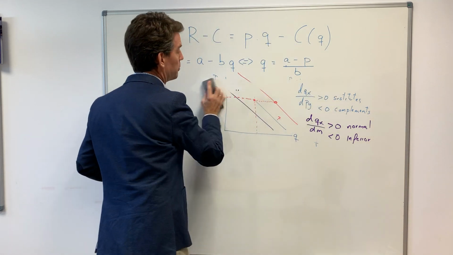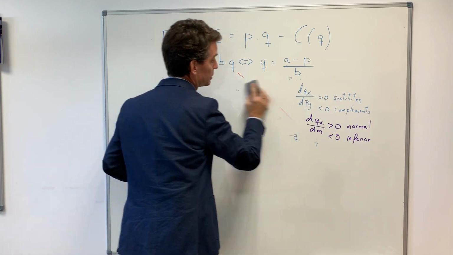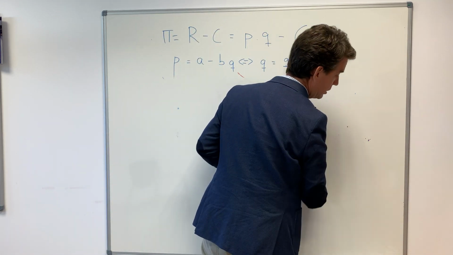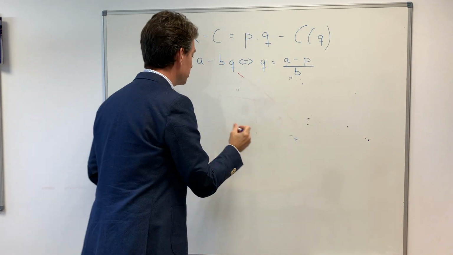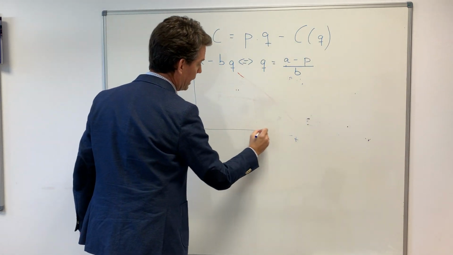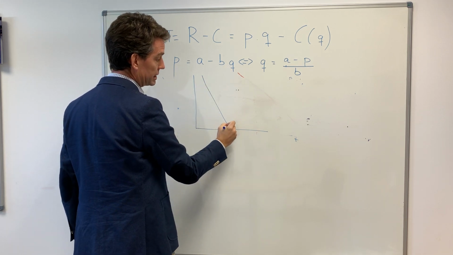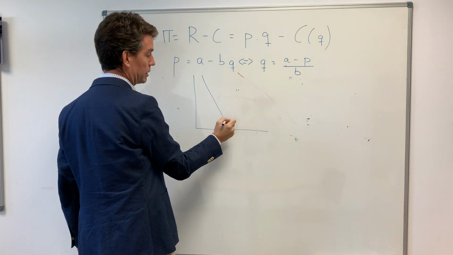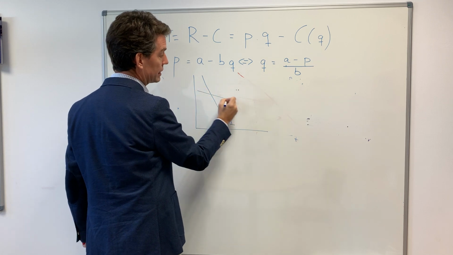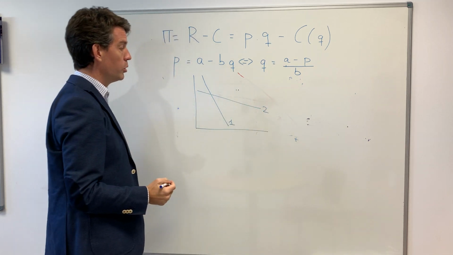So if we try to quantify what's going to happen to your demand, one first idea would be to say, okay, perhaps the important thing is the slope of the demand function. It's not the same as a demand function like that, let's call it 1, than a demand function like 2. Why?